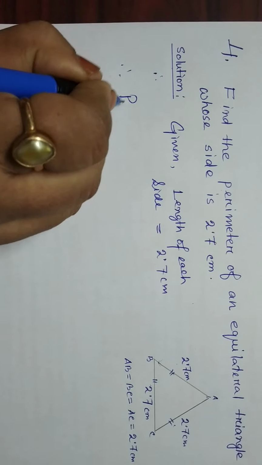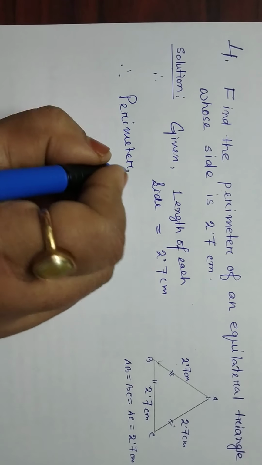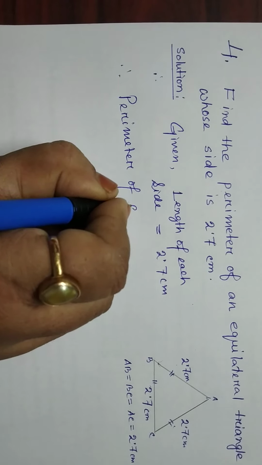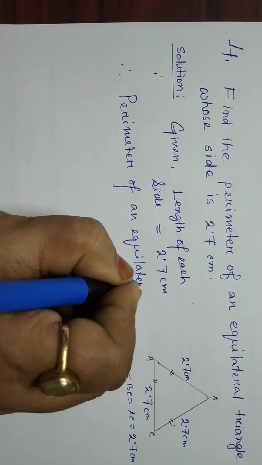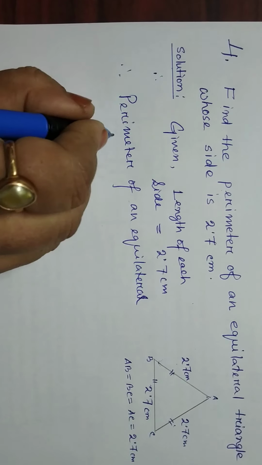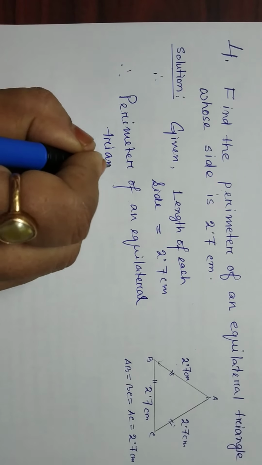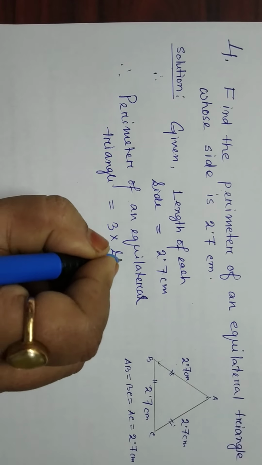Therefore, perimeter of an equilateral triangle is equal to 3 into side. Why?